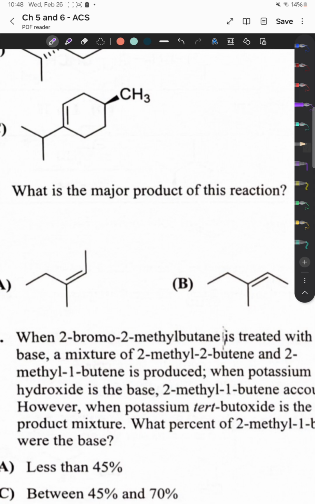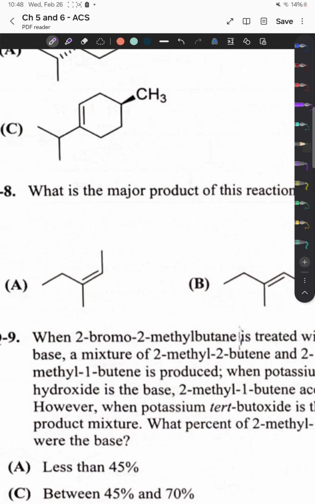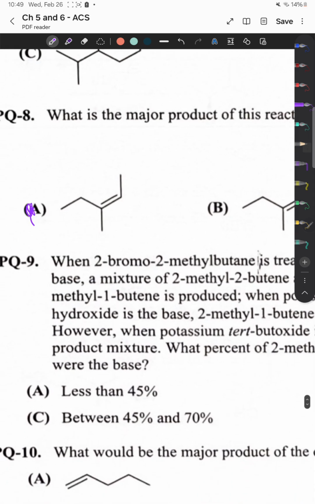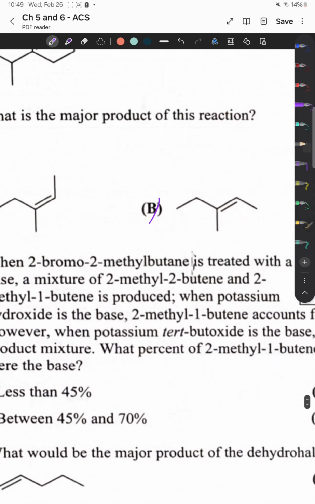Or it'll be more stable this way because it's closer to a cyclopentane, and if this last one shifted, it could be a cyclohexane. So I'm thinking that's why it shifted into that and why B is not the answer.